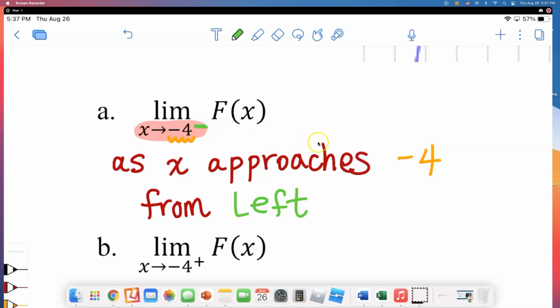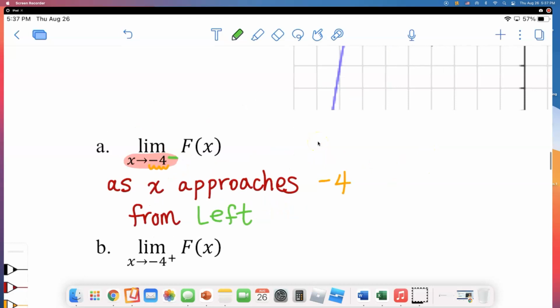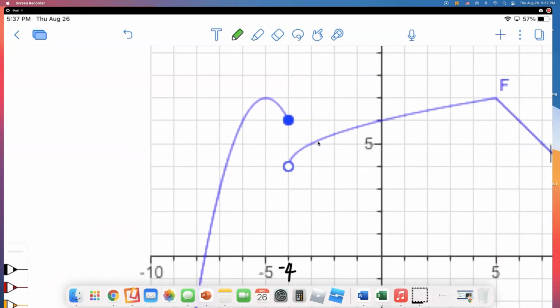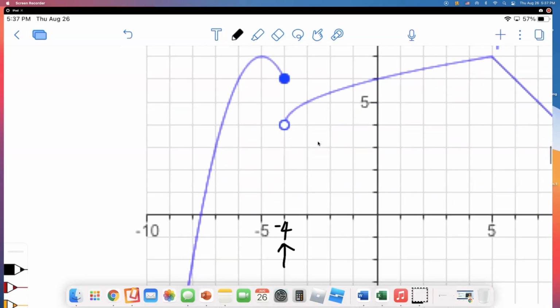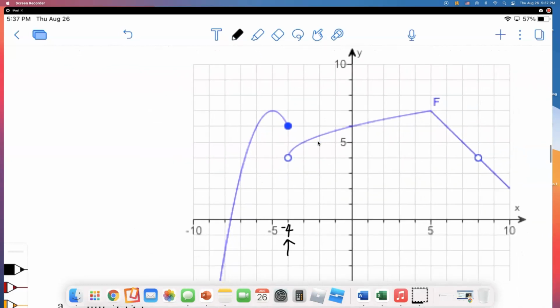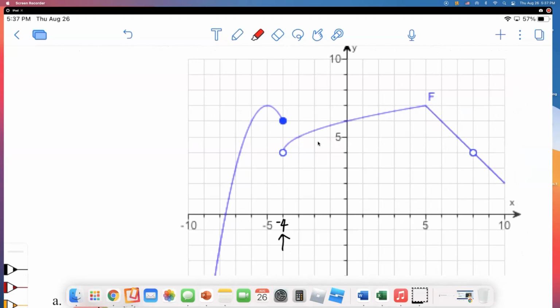So I'm going to go to the graph and find -4. Here is -4 right here. So we need to start somewhere on the left of -4, it doesn't matter where, and then go to -4. Follow the graph from the left. And what we see is as we get to -4, we are at this point right here.